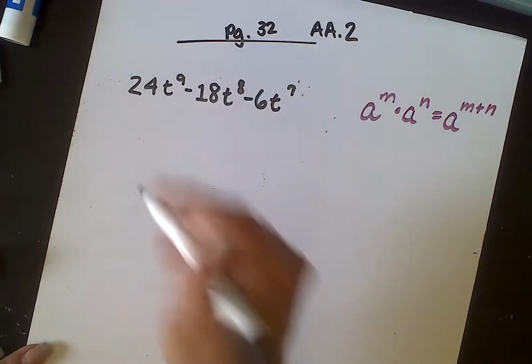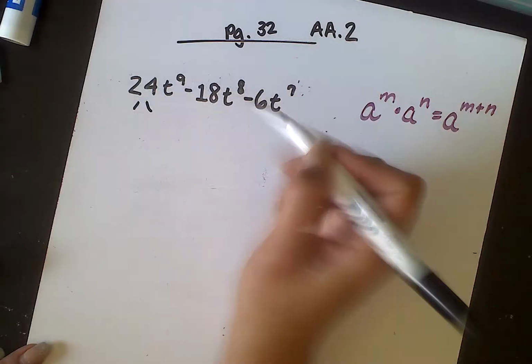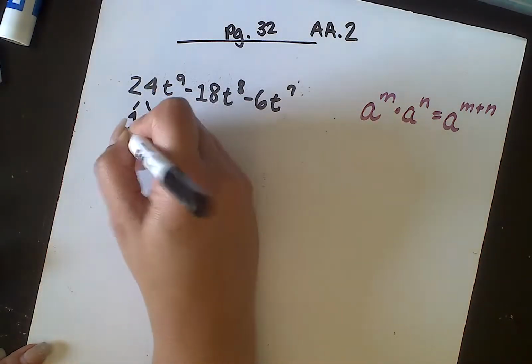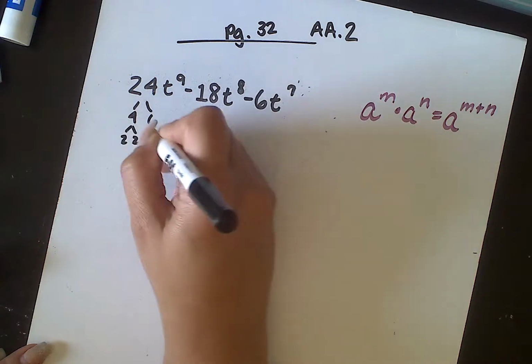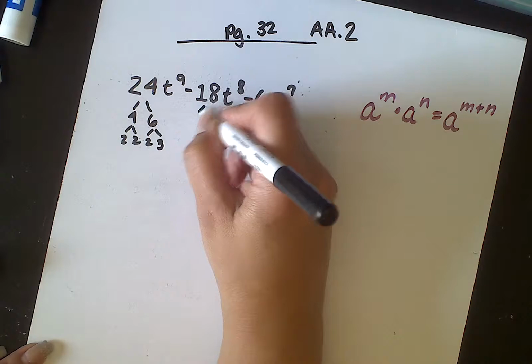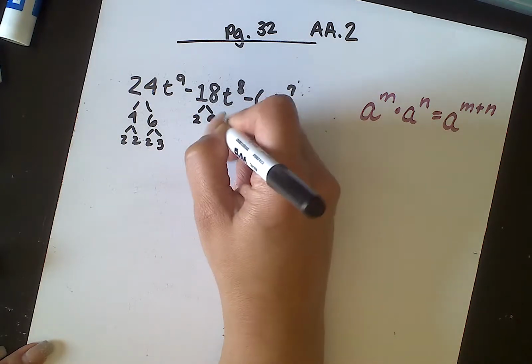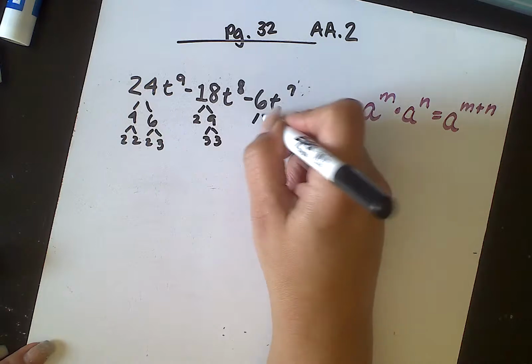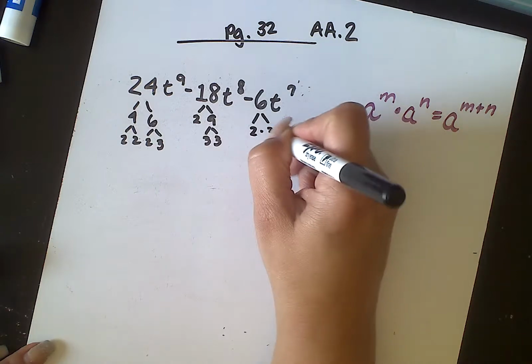There we go. So 24, I can break down into 4 and 6, 2, 2, 2, and 3. 18 would be 2 times 9, 3 times 3. And then 6 would be 2 times 3.